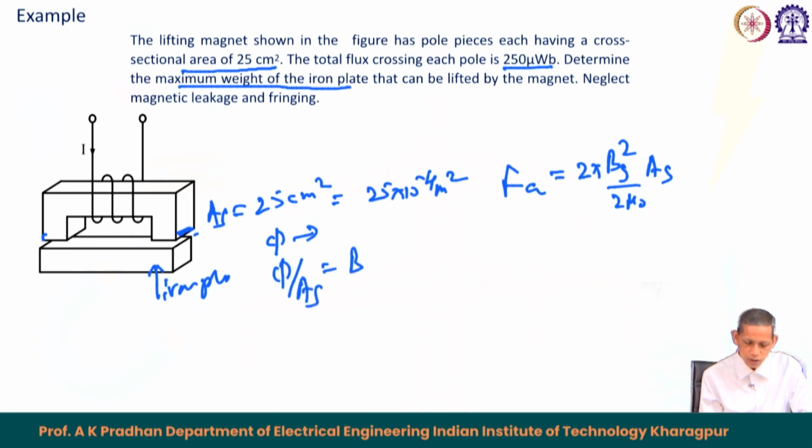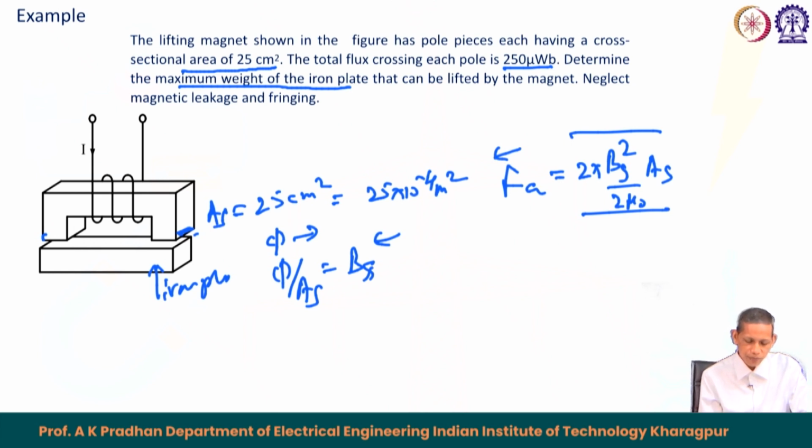So, from Bg you can find this, and Ag is given to us, that equals 25 centimeter square. So, we know the corresponding F value, the total force exerted on the iron piece which will be placed below.